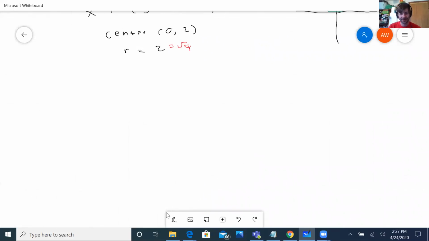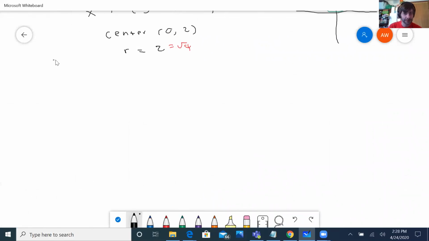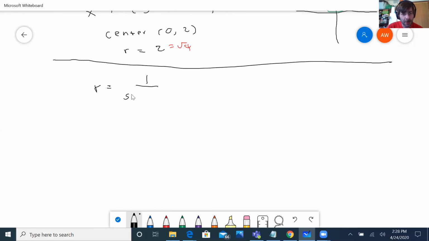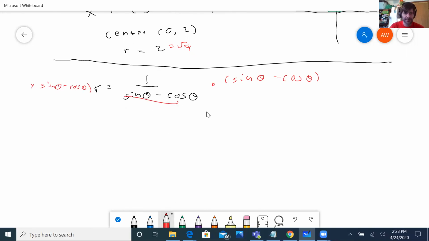All right, one last one. Well, I've got r equals 1 over sine theta minus cosine theta. So I don't like it there on the denominator, so I'm going to multiply both sides of the equation by that. So I kill them all there.